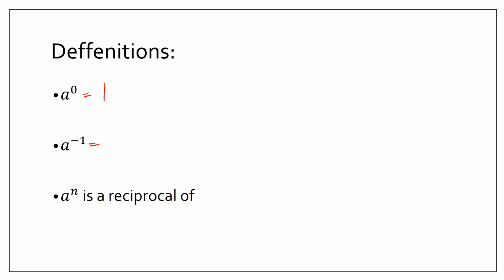So A to the negative 1 is 1/A. A to the n is the reciprocal of A to the negative n. So anytime we have a negative exponent, we should be thinking reciprocate. A negative exponent does not mean make the number negative, it means reciprocate.